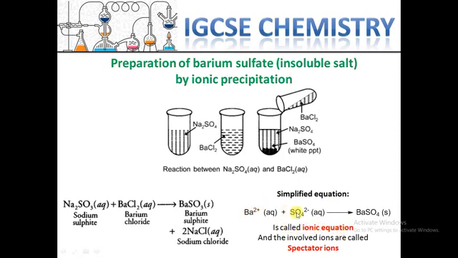We only consider the ions involved in the reaction. The rest, like sodium, can be removed. We simplify the reaction to see which anion and cation are involved in the main product, because we are looking for the insoluble salt, which is a solid precipitate left at the bottom. The ions not involved are called spectator ions.